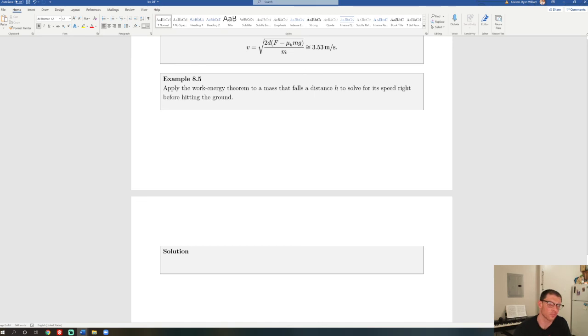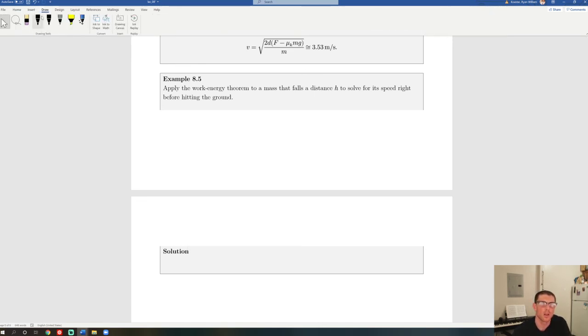So let me make a sketch here too for this one. And it will be relatively simple, right? Because we have a mass and it's in free fall, so the only force acting on it is the gravitational force, like so.